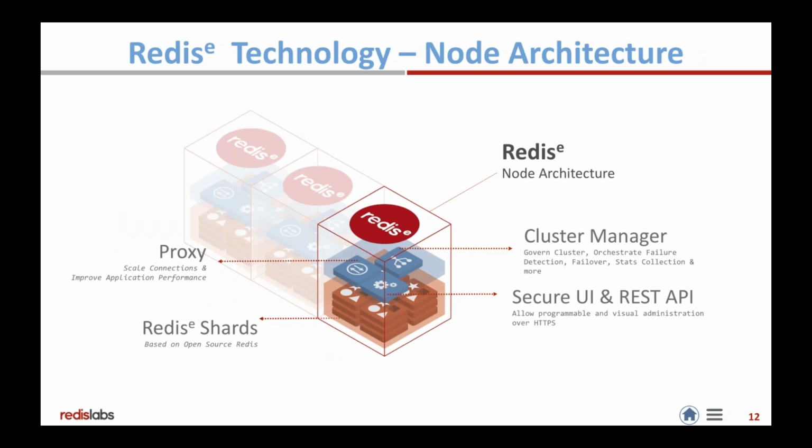One of the things that is important to compatibility is the proxy architecture here. The proxy that you see at the blue layer within the node is the layer that manages the connectivity between the application and the cluster. It essentially scales the number of connections that may be coming in.